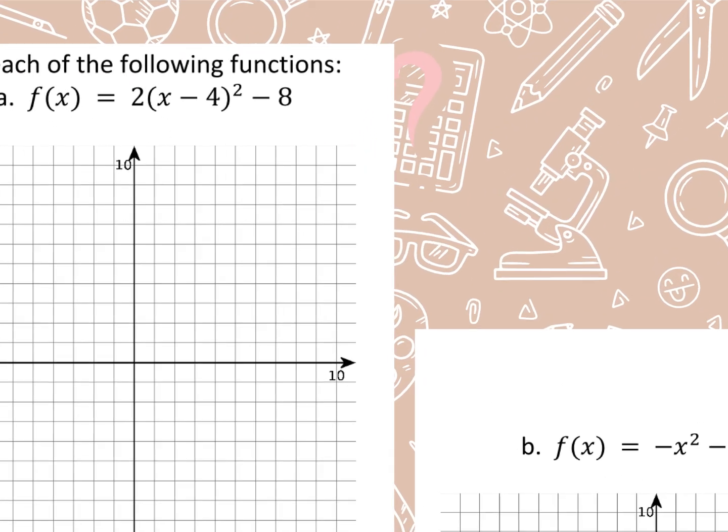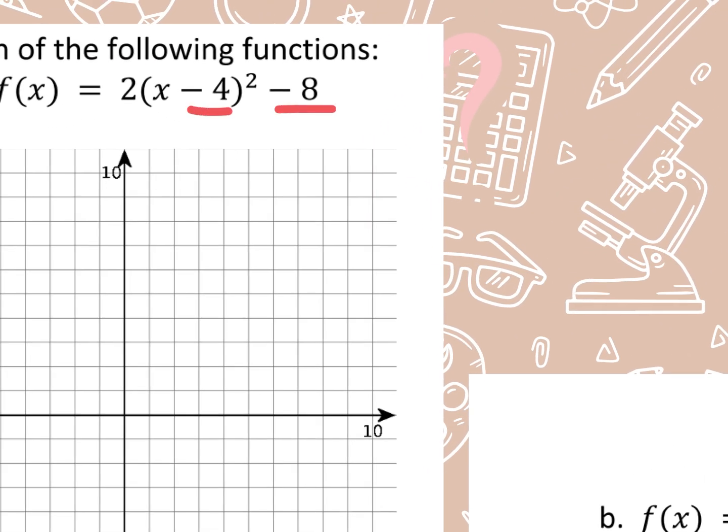How do you graph this kind? I would start with the vertex, which you guys all know. Lance, what's the vertex on this one? Not negative 4, we don't trust the inside.